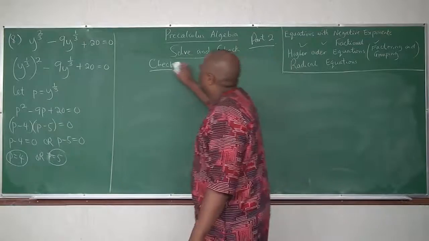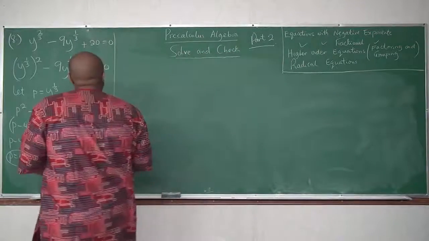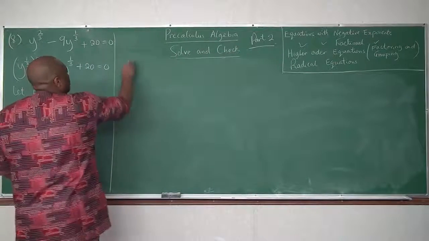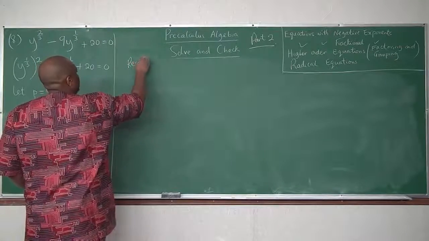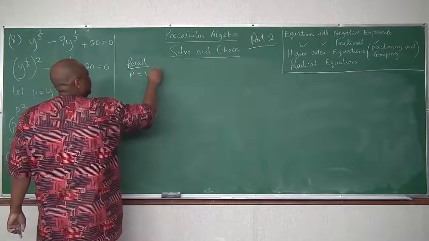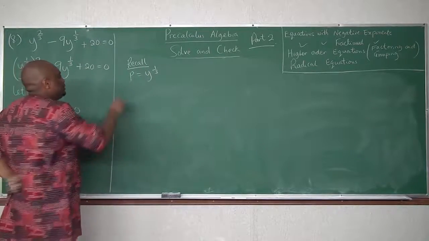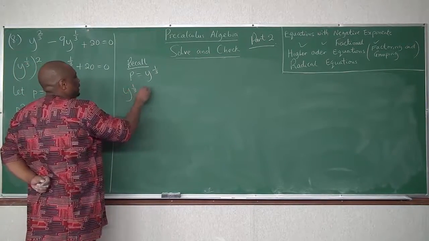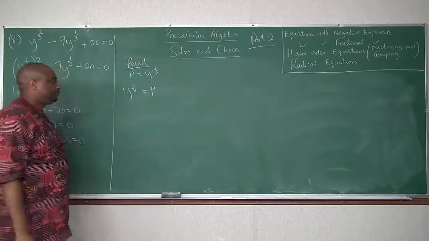So let's go ahead and find y. Recall that p is y raised to power 1 over 3, so y raised to power 1 over 3 is equal to p.